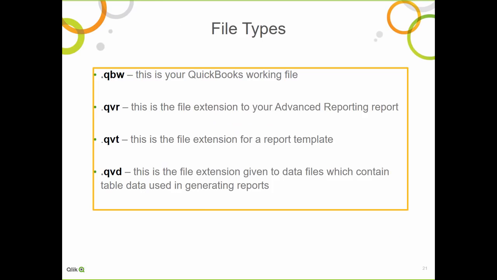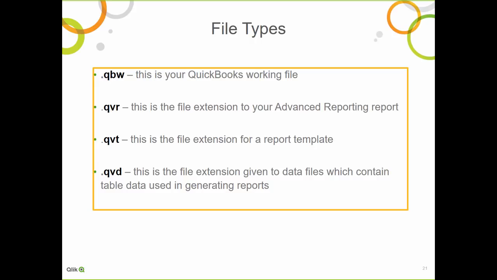Sure. The first file that's listed there is the QBW file. That's your QuickBooks working file. And again, keep in mind that when you're using advanced reporting, there will be a folder called your company name, advanced reporting, for every file that you use advanced reporting on. So if you have multiple files in the same location, you're going to have multiple folders with their different company names that have advanced reporting listed after that.